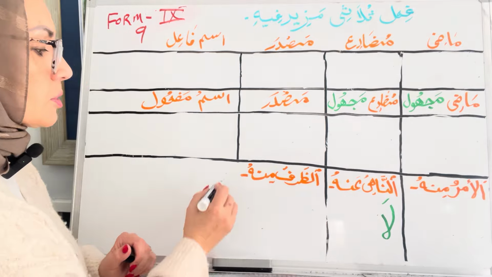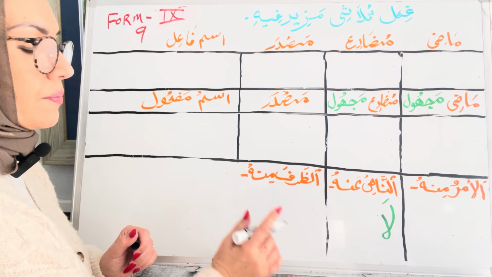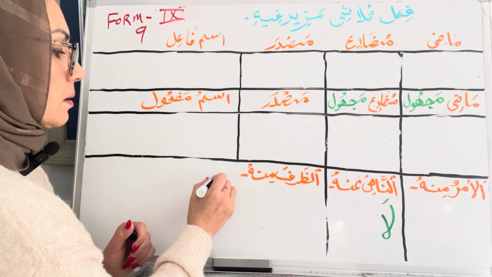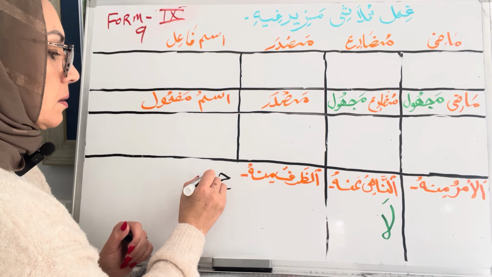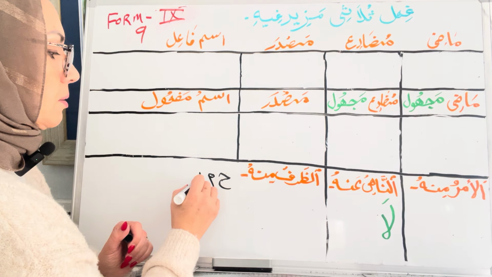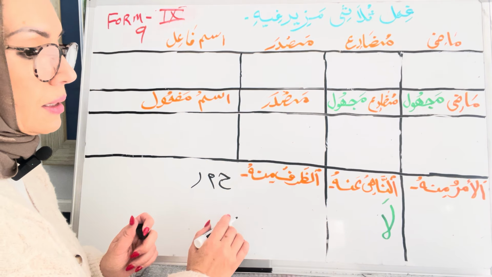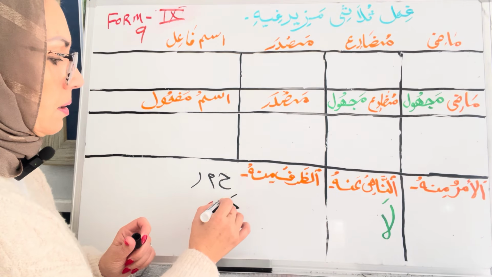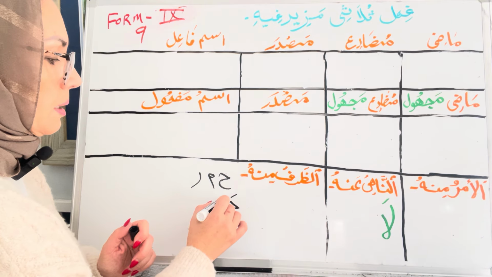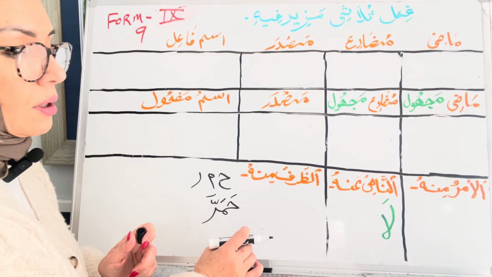So here, let's say the basic word is ha, mim, ra. In this form, this becomes hamarra.